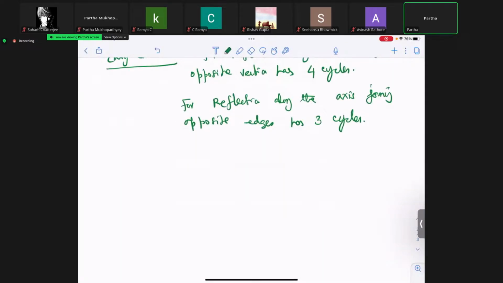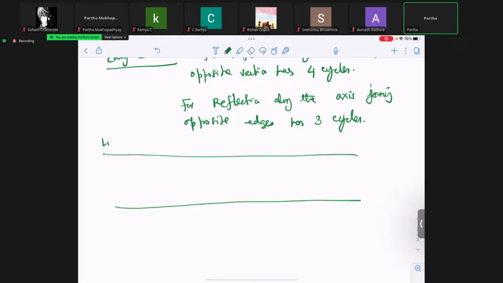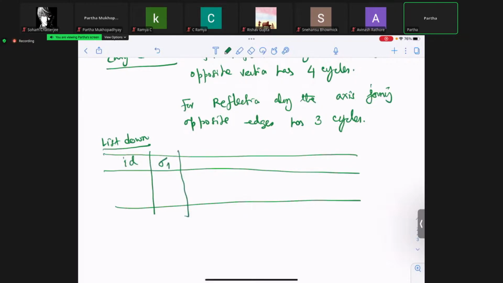So now if you list them down, this is my identity, and sigma 1 means rotation by 2 pi by 6. Sigma 2 means rotation by 2 pi by 3, because the j value is 2, and for sigma 1 the j value is 1. Then you can list sigma 3, sigma 4, sigma 5, which are j equal to 1, 2, 3, 4, 5.